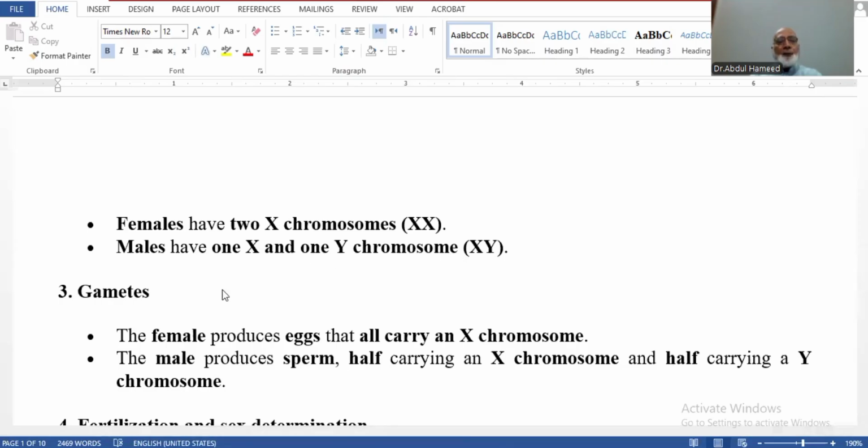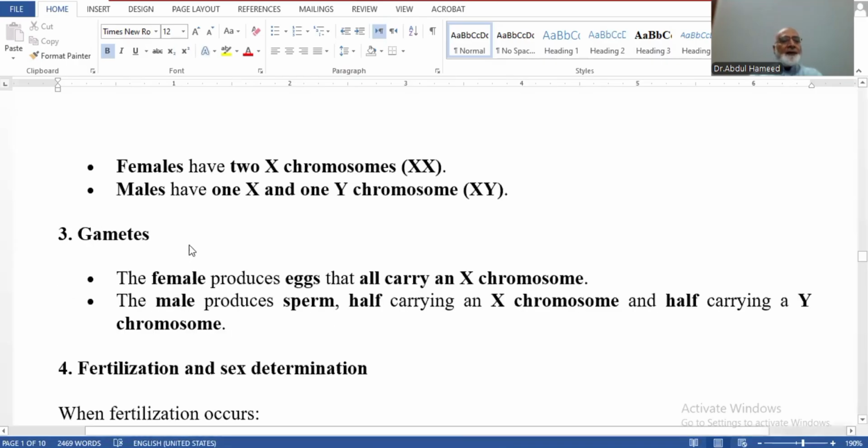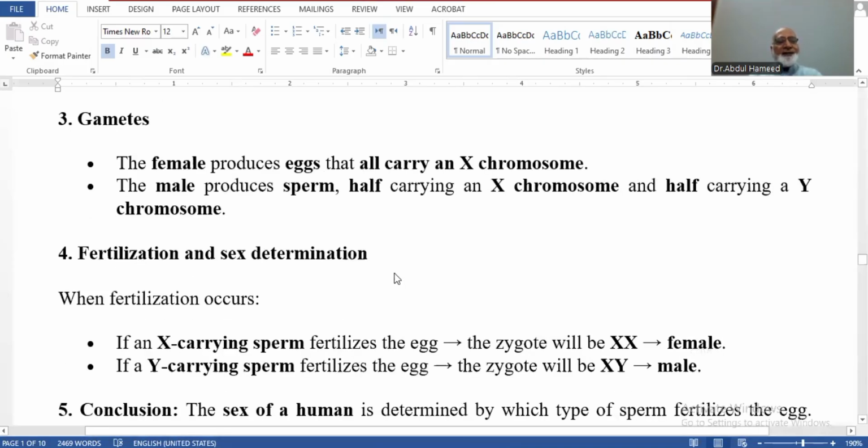one Y chromosome. So, what are the gametes? The female produces eggs that all carry the X chromosome, and the male produces sperm, half of them carrying the X chromosome and half carrying the Y chromosome. So, fertilization and sex determination. When fertilization occurs, if an X-carrying sperm fertilizes the egg, the zygote will be XX.